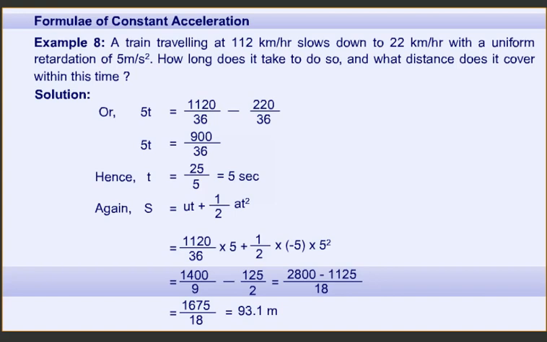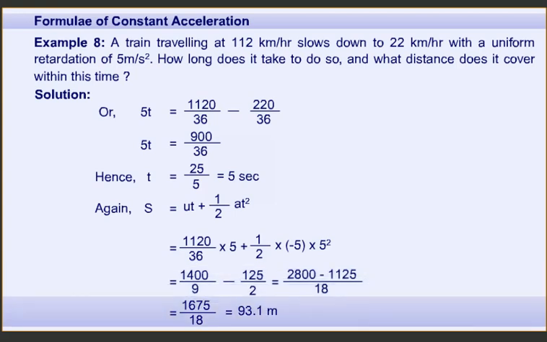Now let us take the LCM. And we write 2800 minus 1125 divided by 18. This gives us 1675 divided by 18, which is equal to 93.1 meter. Therefore, the train travels 93.1 meter in 5 seconds.